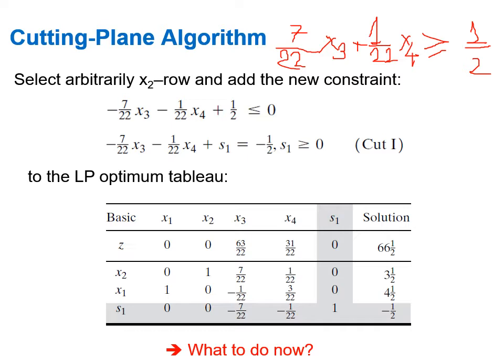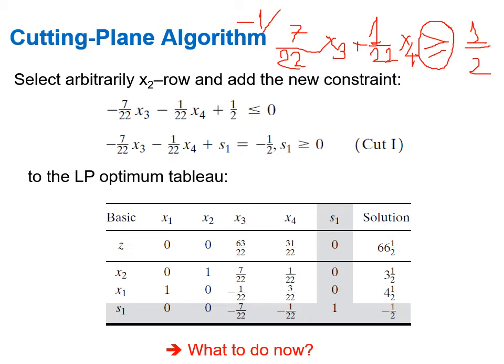But for the sake of finding the new optimum solution, the rest of the algorithm, we want this inequality to be less than or equal to. That's why we multiply this constraint by -1.